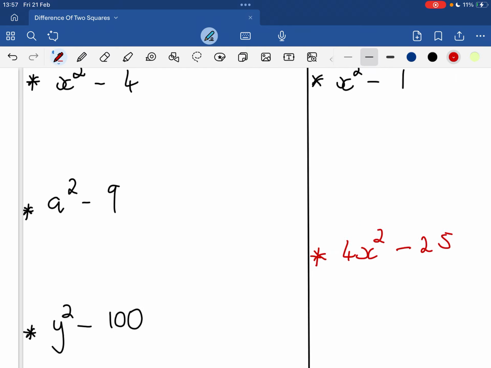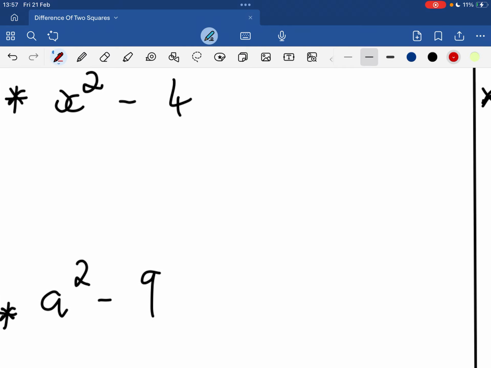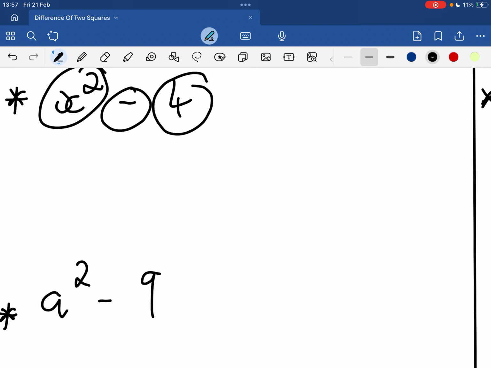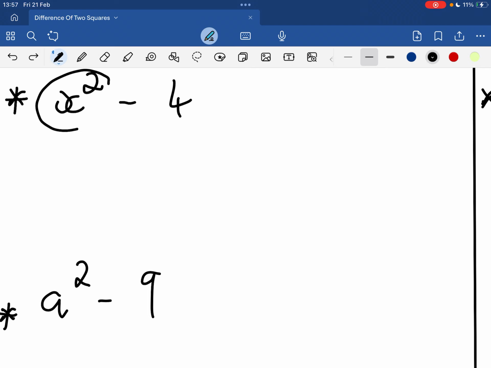Now, here's an example that's going to illustrate how to factorize using this method. If we were given x squared minus 4, these are two perfect squares separated by a minus. This is a perfect square because it's a variable with an even exponent. This is a perfect square because it can be written as 2 squared.